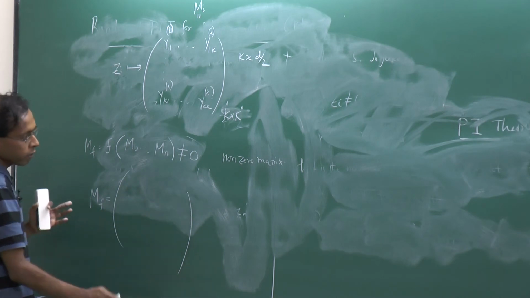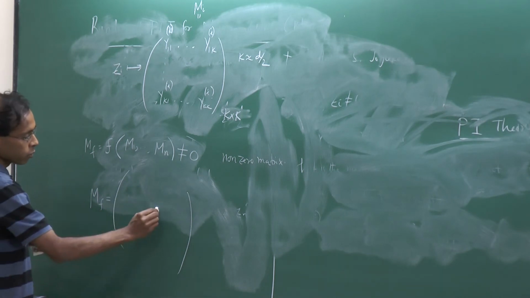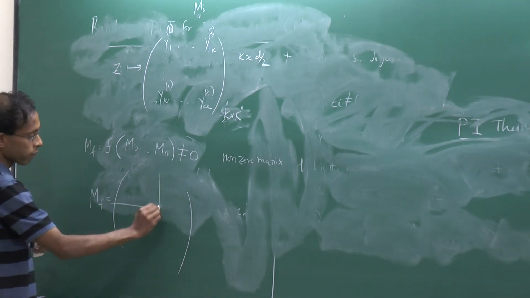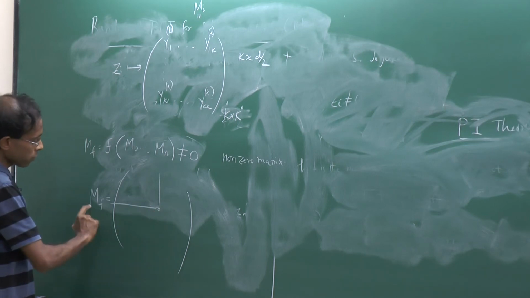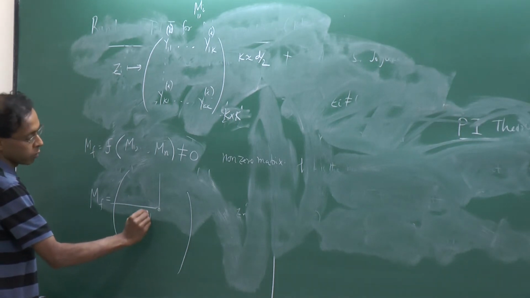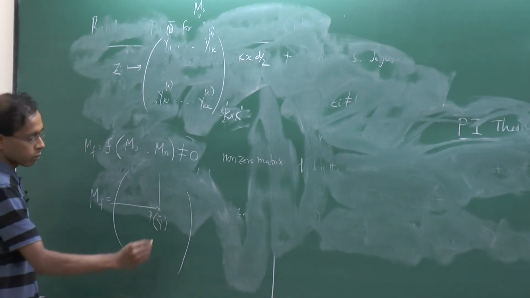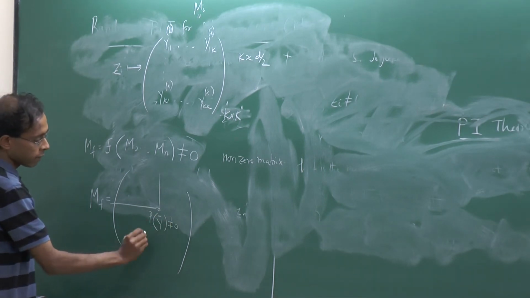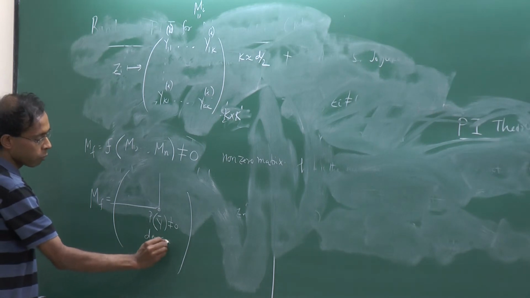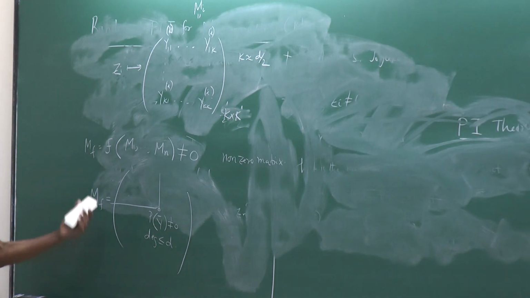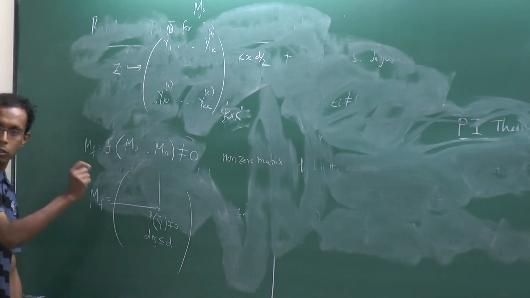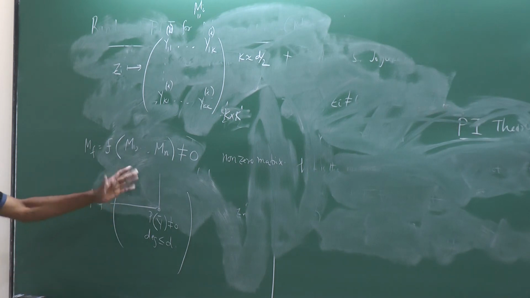I know that MF is not a zero matrix, so there will be some entry somewhere, and this entry of the matrix is just a polynomial. It will be some polynomial over these y variables, which is non-zero, and the degree of the polynomial will of course be bounded by the original degree of the polynomial. Then you just use Schwartz-Zippel to make a random substitution at this point and get a non-zero value.